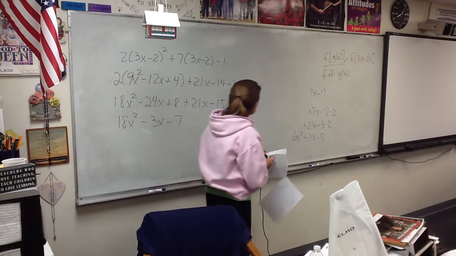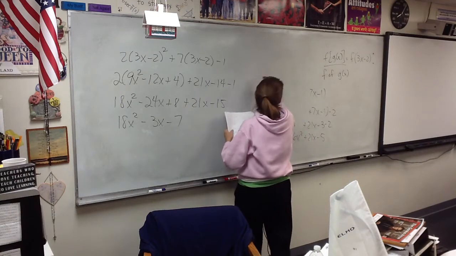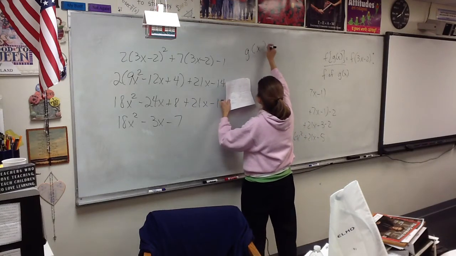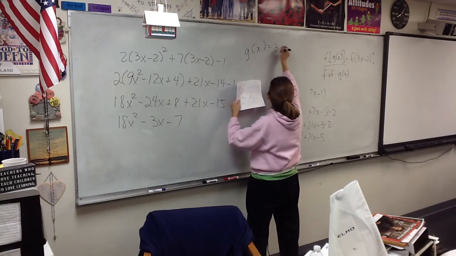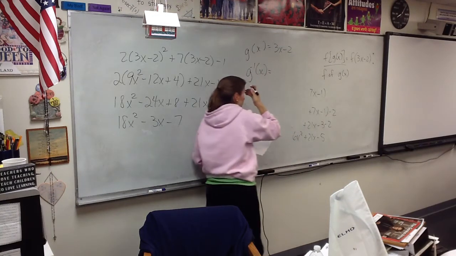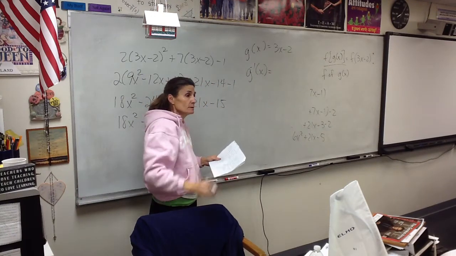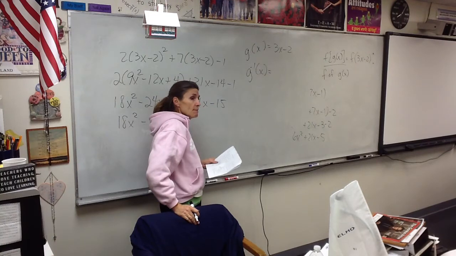Okay, all right, now I'm going to do number 16, which says, oh, I erased it, for g of x, find this. What does this mean? It's the inverse. Somebody said it. Okay?